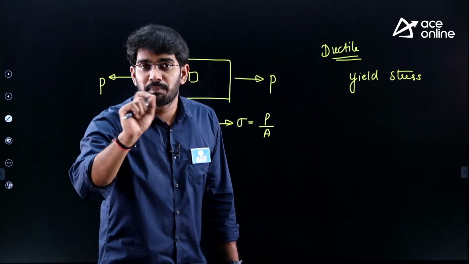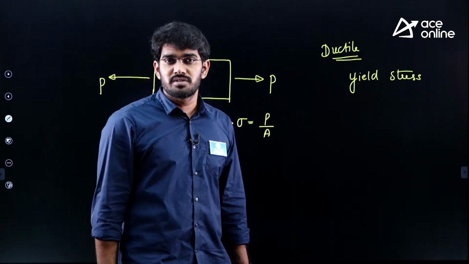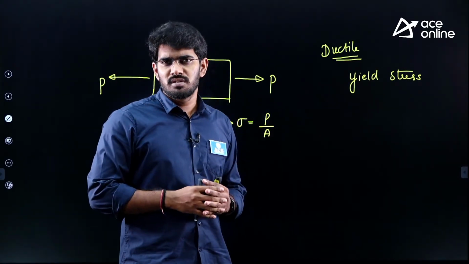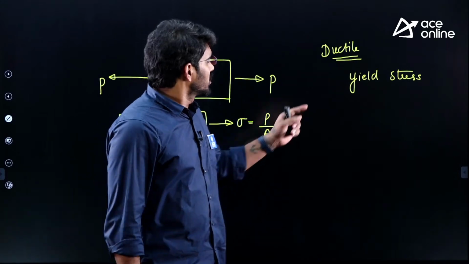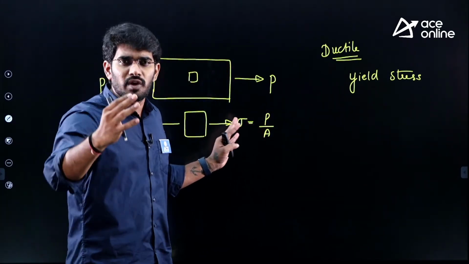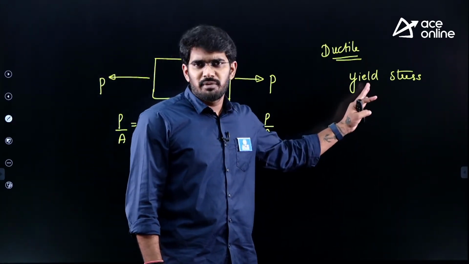But the component or the particle should never enter into the permanent damage region. It has to stay in the temporary deformation region. For that reason, the maximum stress that you can apply on this particle will be yield stress. This is coming from experiment.